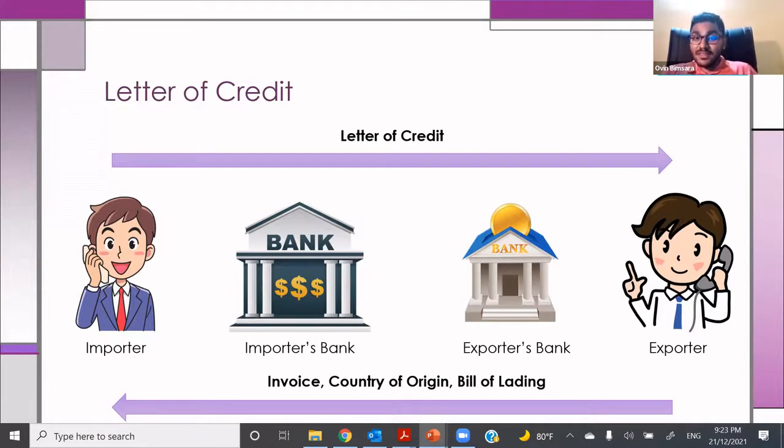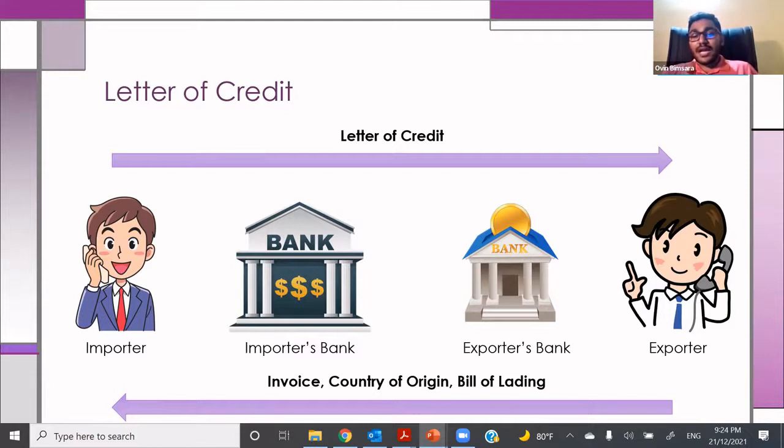And by having that letter of credit, the exporter gets the confidence that the importer will make the payment. Because of that, in return, he will send the invoice for this transaction. The invoice will include the price of the goods, the details and descriptions of the goods, and so on. He will also send the country of origin letter.